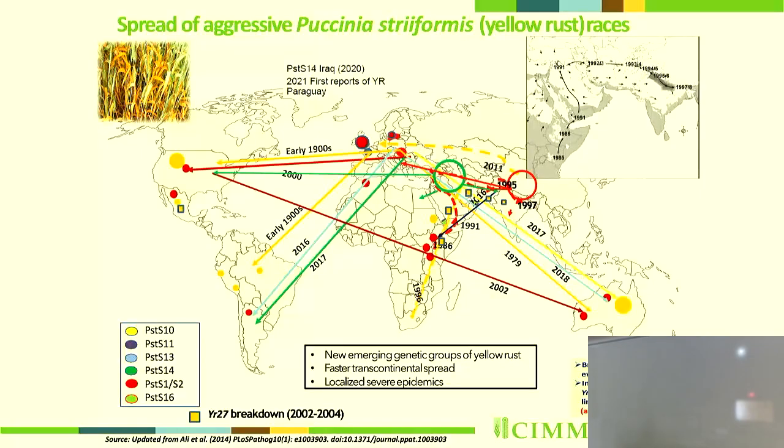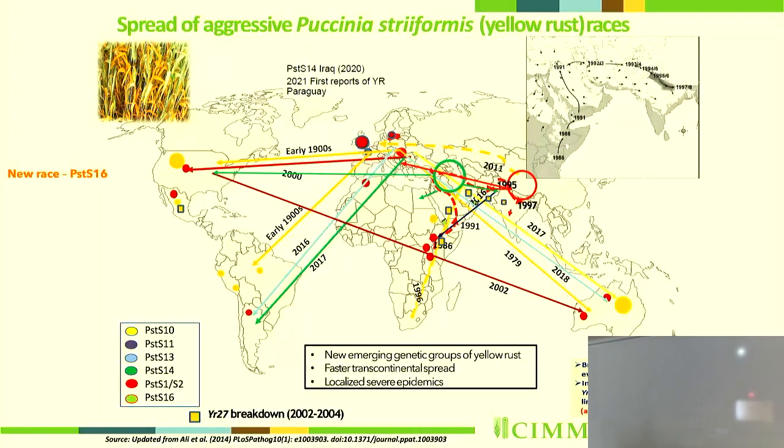History has shown us a faster continental spread around the globe, and even within countries there are localized severe epidemics. We have seen that every alternate year, one or more genes get broken down.